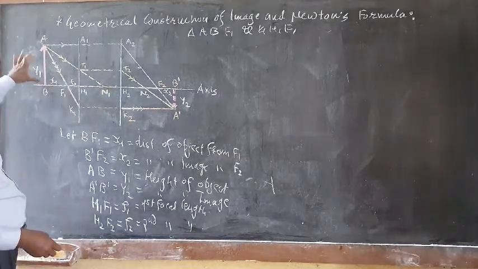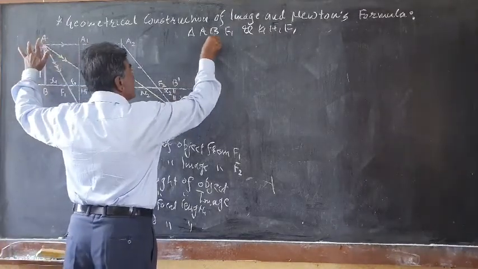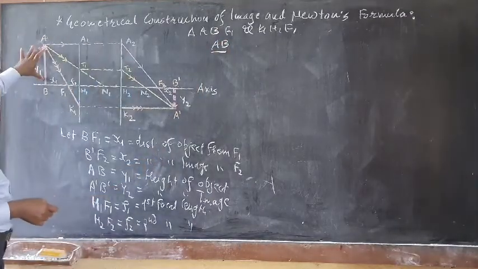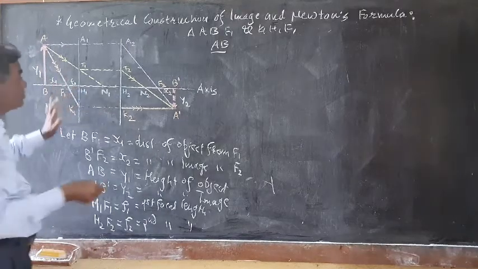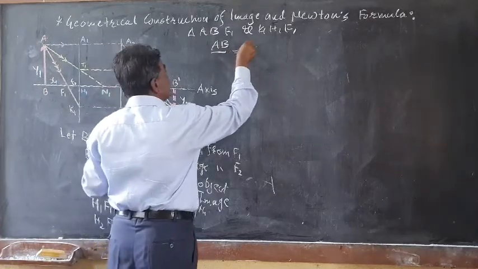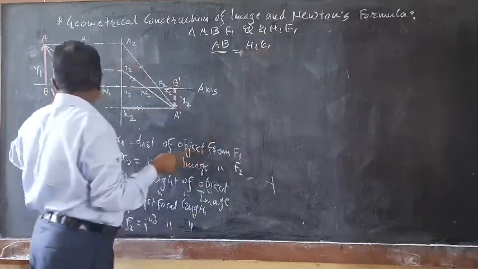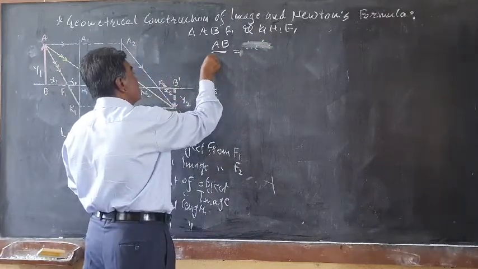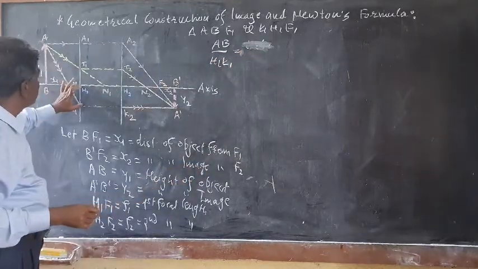So from this we can write the ratio AB divided by the corresponding height of the small triangle, K1 H1. So this will be equal to H1 K1 ratio, this side divided by this side.